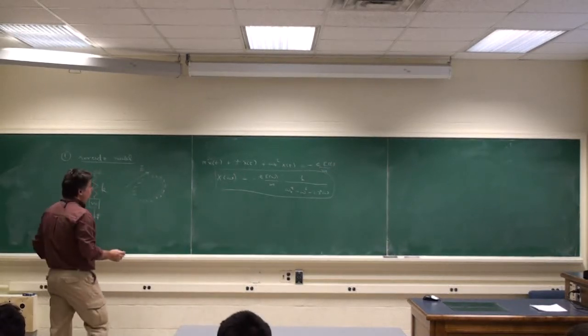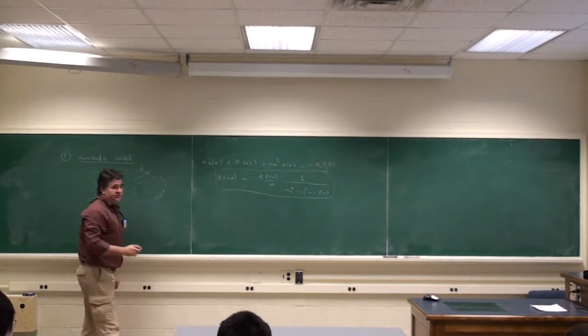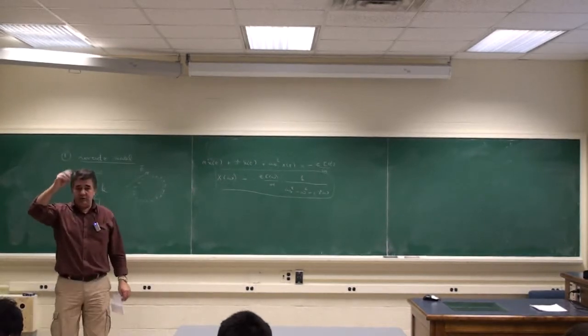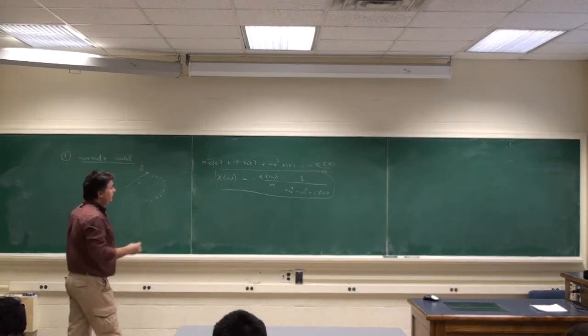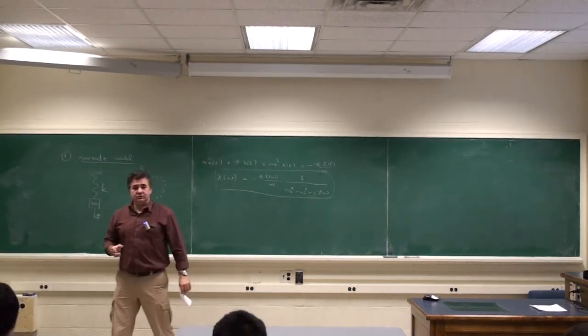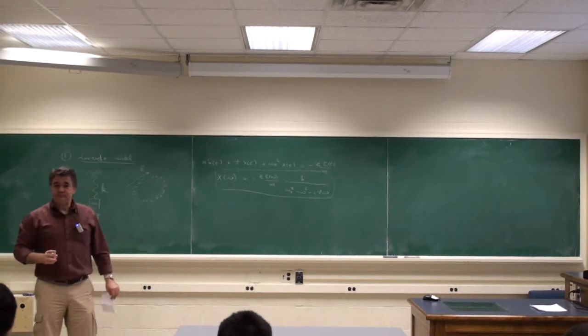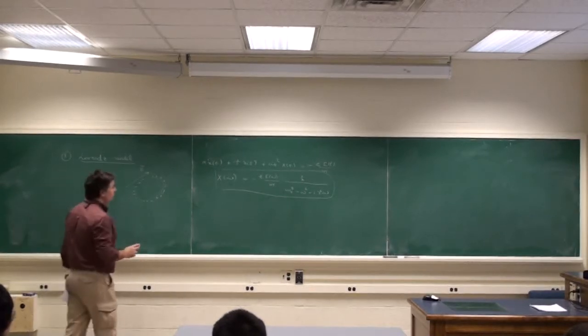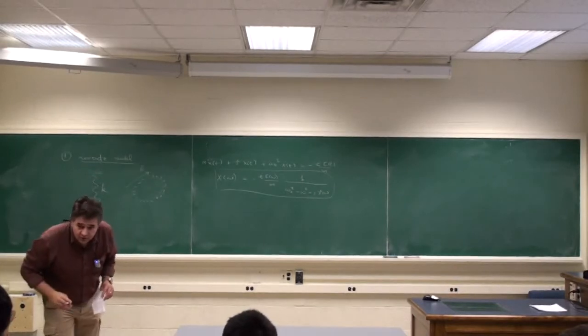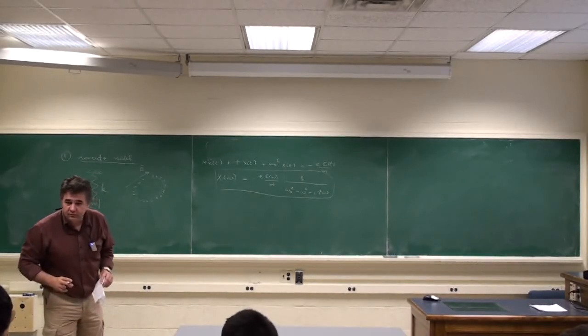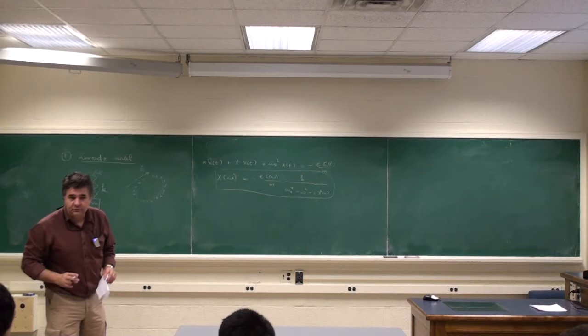So how do we go from here, the electronic displacement at the molecular level, to something macroscopic, like refractive index? Take the real part for the refractive index.